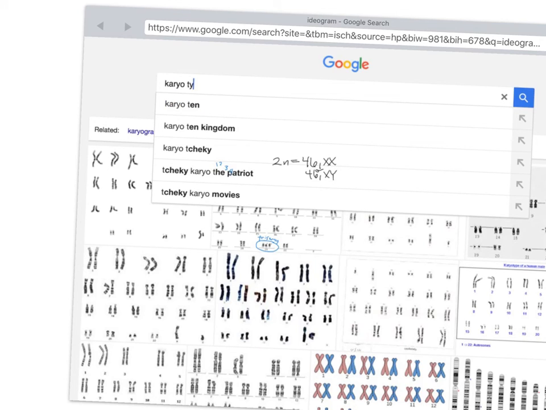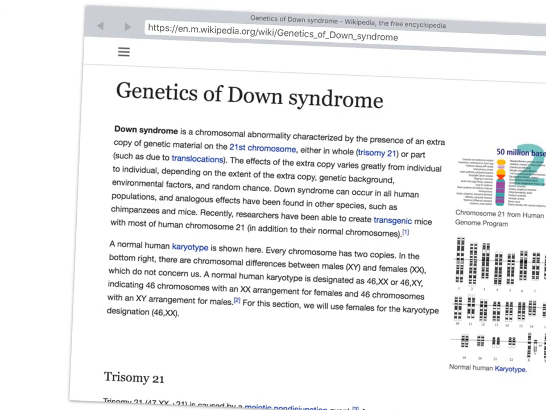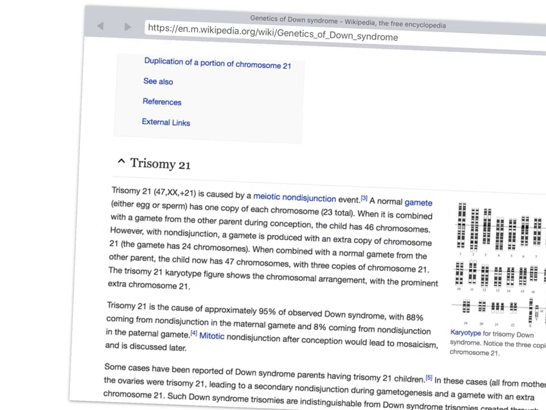Let's see what happens if we Google karyotype Down syndrome, and don't do images. Wikipedia, that sounds useful. There you go.